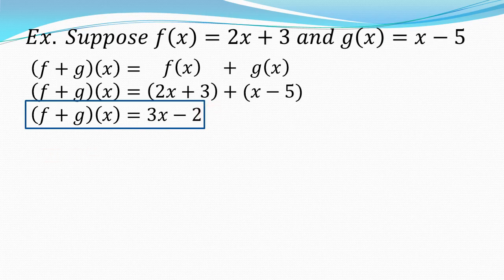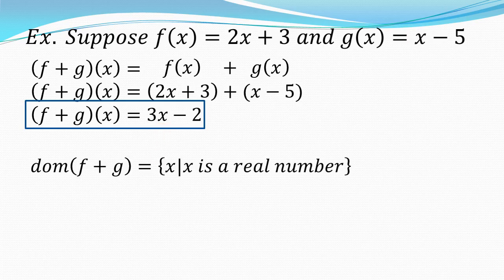How about the domain? Well, you could just observe what kind of values your x can take. And it's pretty much any real number you could think of. So that's why we have here the domain of f plus g is equal to the set of x such that x is a real number. So it's an actual sentence that describes what kind of x, any real number. Don't forget the curly braces because this is a set.